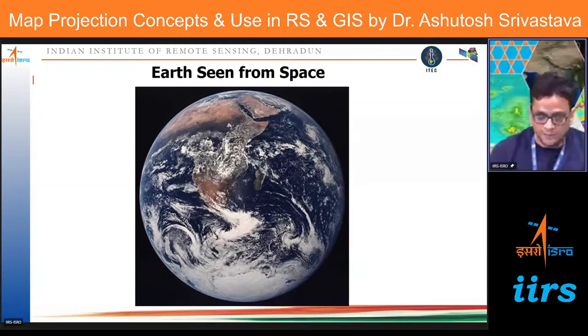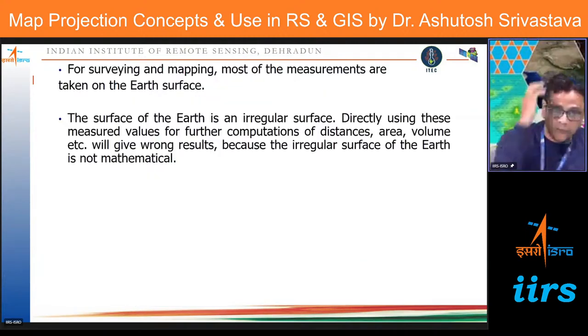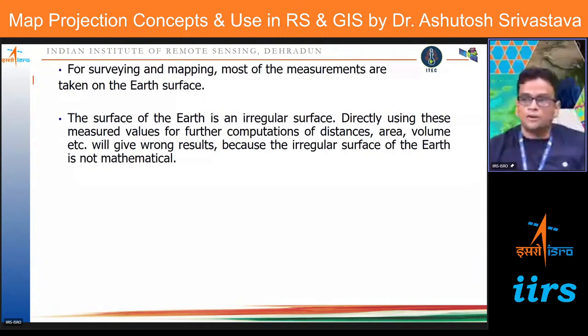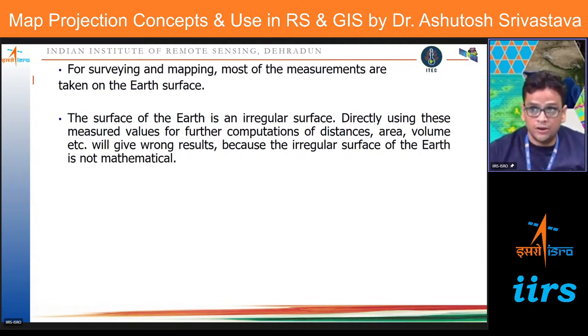For surveying and mapping, most of the measurements we take are on this Earth surface, and the surface of the Earth is irregular. Directly using these measured values for further computation of distances, area, and volume may not give correct results, because the irregular surface of the Earth is not mathematical.